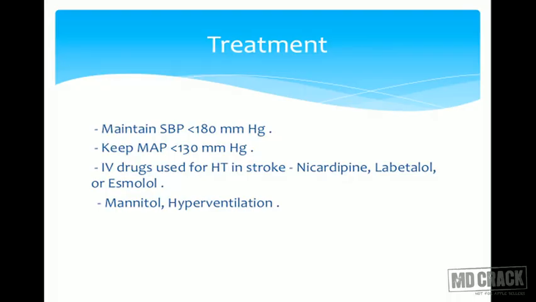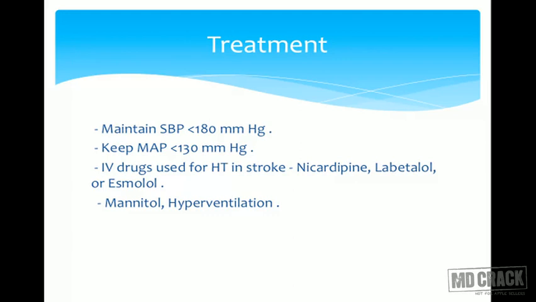So coming to treatment, this patient most of the time presents with high blood pressure, and your target of treatment will be controlling that blood pressure. Just maintain systolic blood pressure less than 180 mm of Hg. You need not target 120 mm of Hg of systolic blood pressure. Your target should be around 180 mm of Hg. So mean arterial pressure will come to less than 130 mm of Hg.